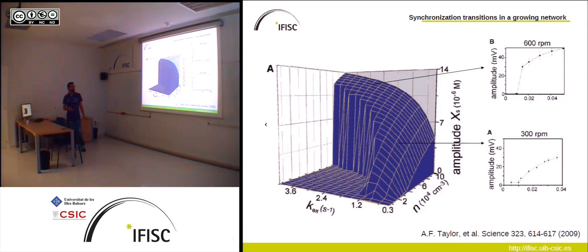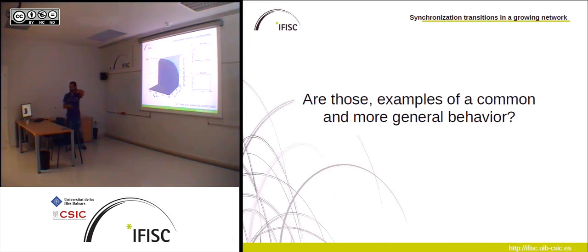So in this case, they found that these two transitions can be controlled by this stirring rate parameter. But okay, those two examples are similar in some sense, but the question is, are those really examples of a common and more general behavior? Can we find this behavior in other systems, maybe completely different?